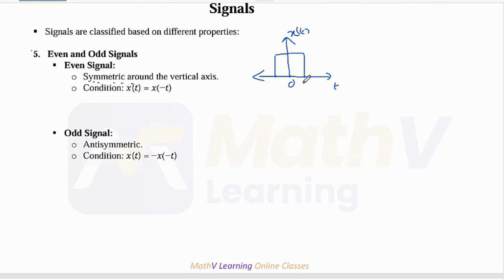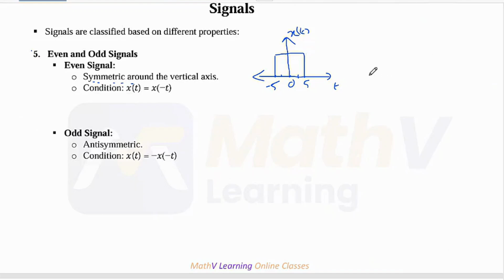So 5 here and -5. So this is symmetric, right? It is symmetric across 0. So it is actually an even signal. x of t at 2 and x of t at -2 are both equal. So it's an even signal.